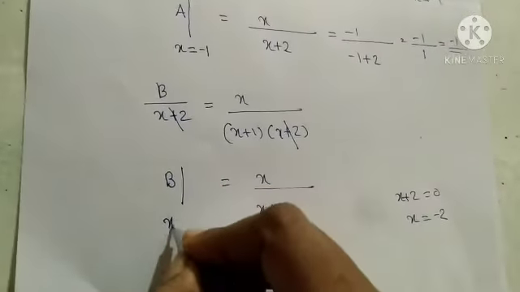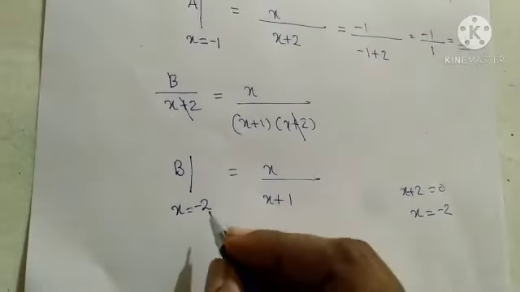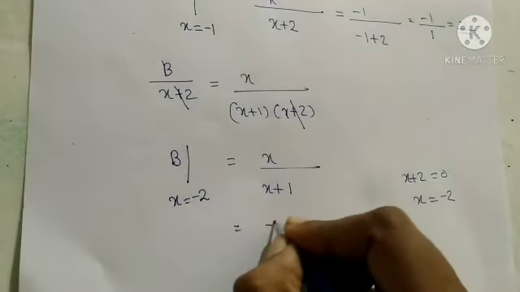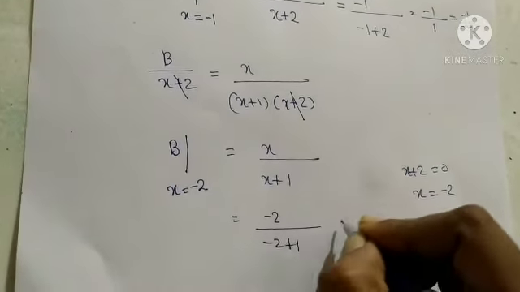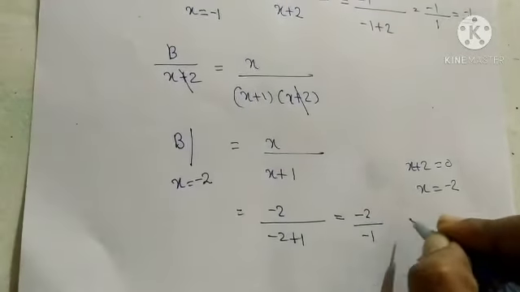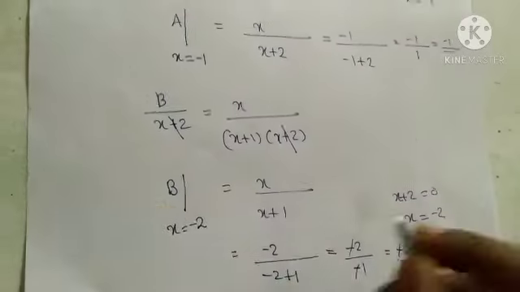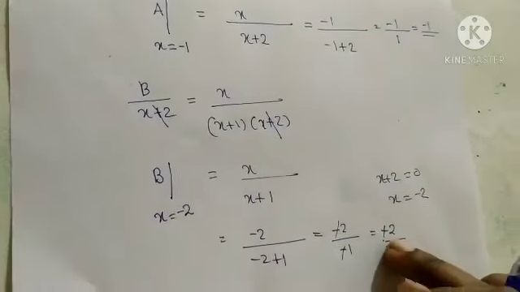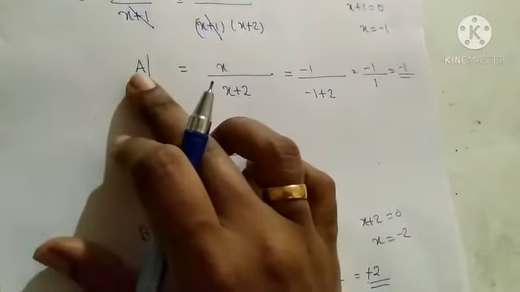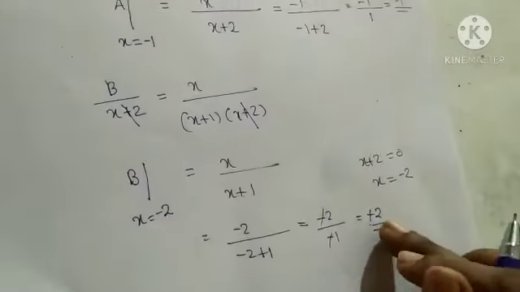So substituting the value of x by minus 2 in the b coefficient, we get minus 2 divided by (minus 2 plus 1), which is equal to minus 2 divided by minus 1, and these two minus signs will cancel, and the value of the b coefficient is 2. Here a and b are constants, right? So we get the value of a as minus 1 and b as plus 2.